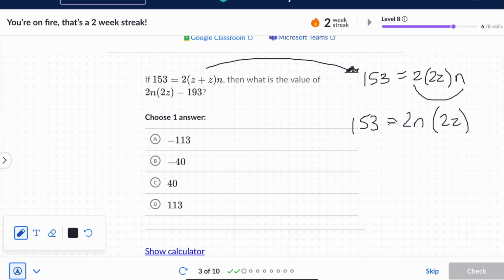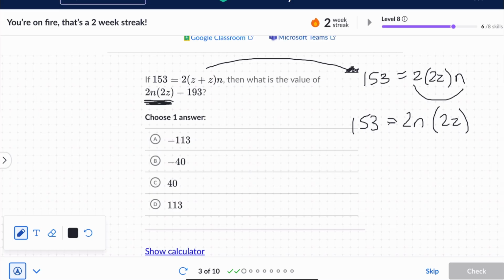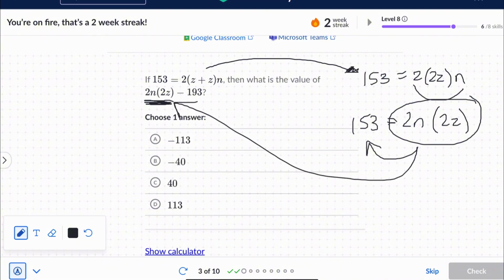And so we know that this right here is going to equal 153 because when we simplified this equation, it came out to this equaling 153, and we can see this expression also here too.